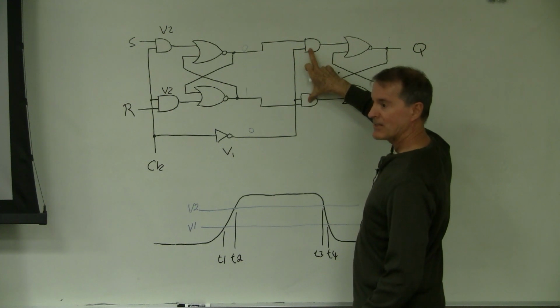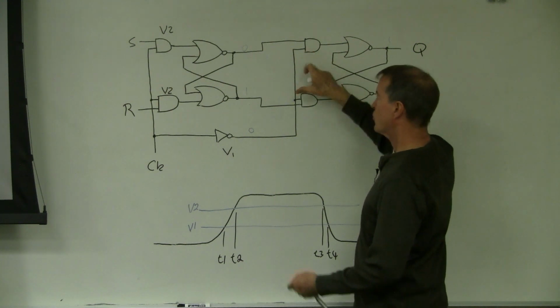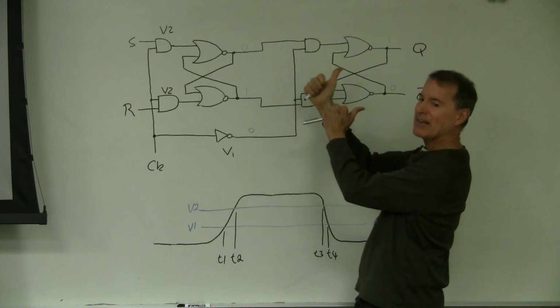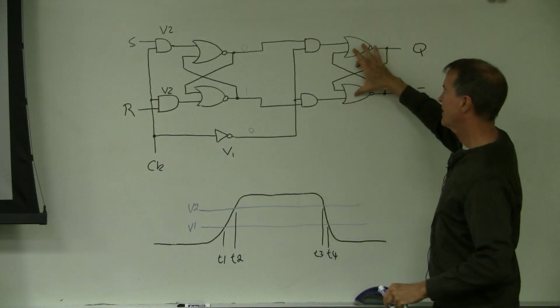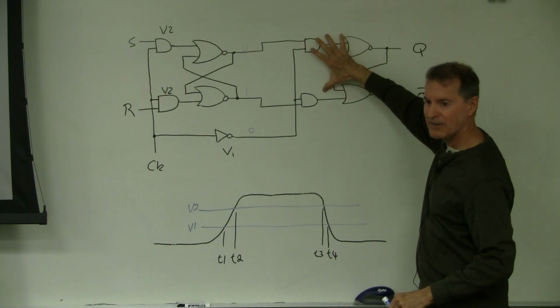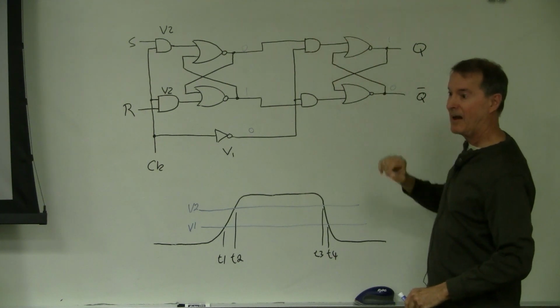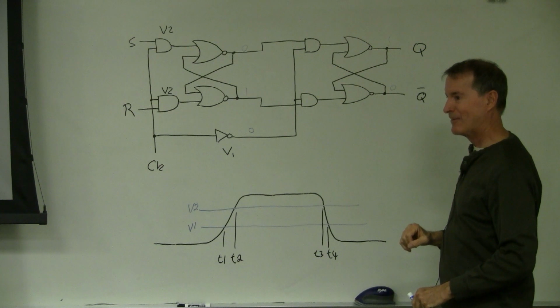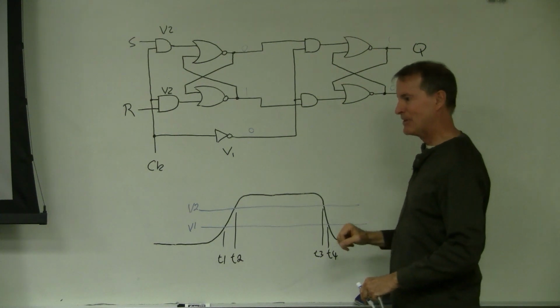Now when this flips to 0, what's that going to do? 0, 0. That's going to disable this. So nothing coming in here can change the state, because the 0, 0s are coming out here. Did everybody hear that? Are you with me?